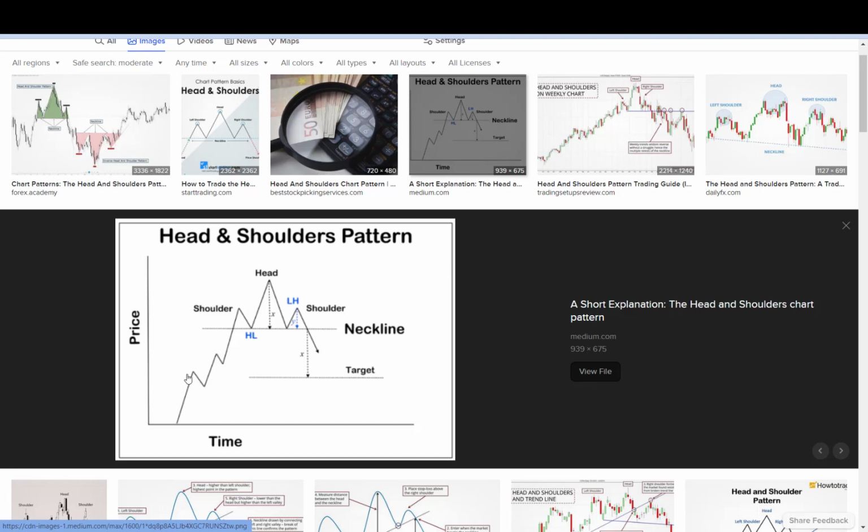So in this scenario, you can see prices push up, they form a higher high, then a higher low, a higher high, higher low, higher high, higher low, higher high. You see? So in the case of a downtrend, you always see formations of lower low, lower high, lower low, lower high, lower low.